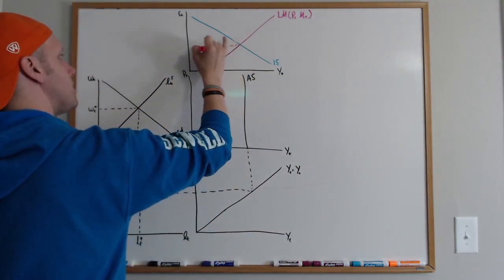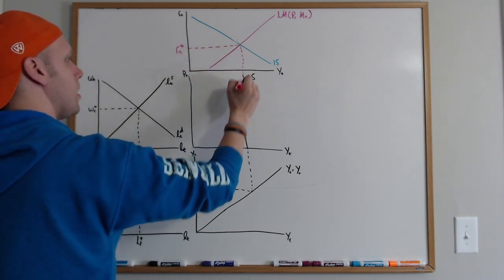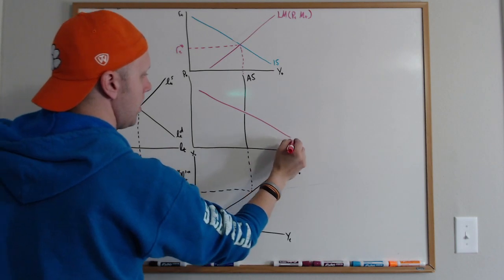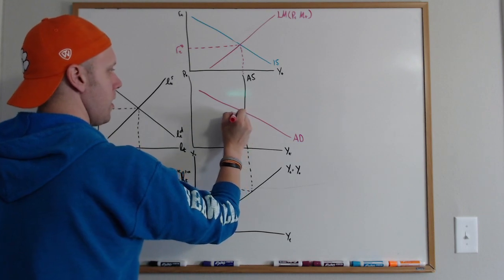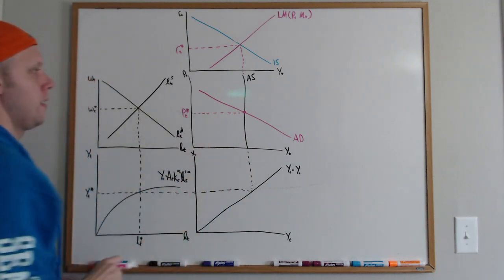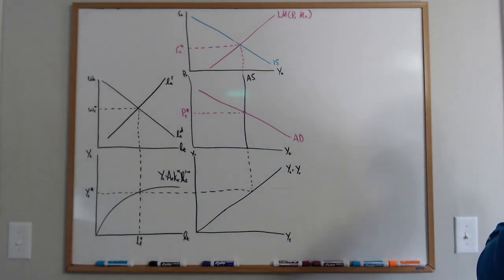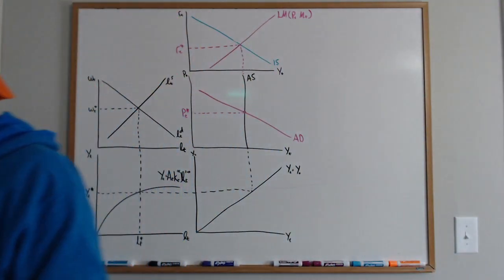Where these two intersected, we got an equilibrium real interest rate. And where the IS and the LM curves intersected, we drew a dotted line down, and that helped us figure out the aggregate demand.